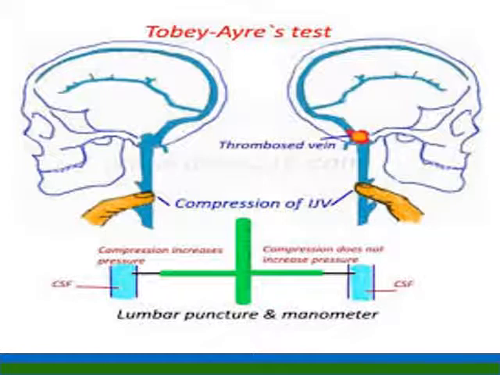On the contrary, compression on the healthy side produces a rapid rise in the CSF pressure. So that is called Tobey-Ayer test.